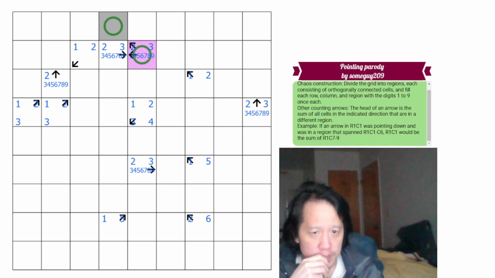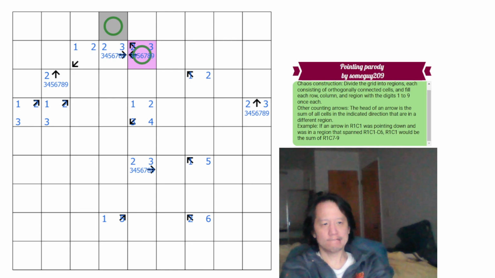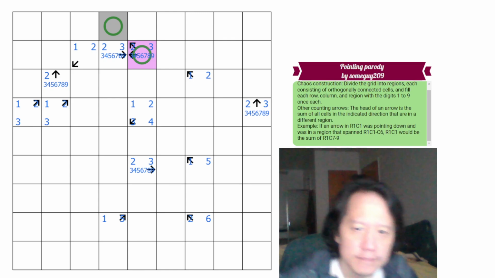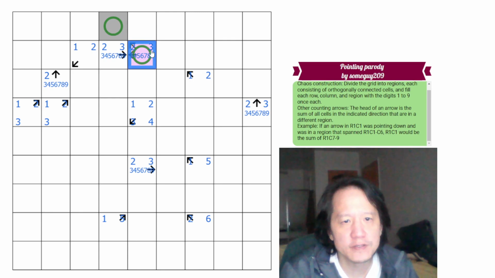What does this mean? Okay. These are the same.